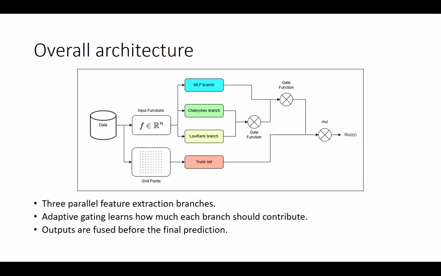And finally, we take this fused representation and combine it with the continuous coordinate embedding from the trunk network. For that, we use an element-wise Hadamard product. And the final summation layer projects everything into the final predicted solution field.